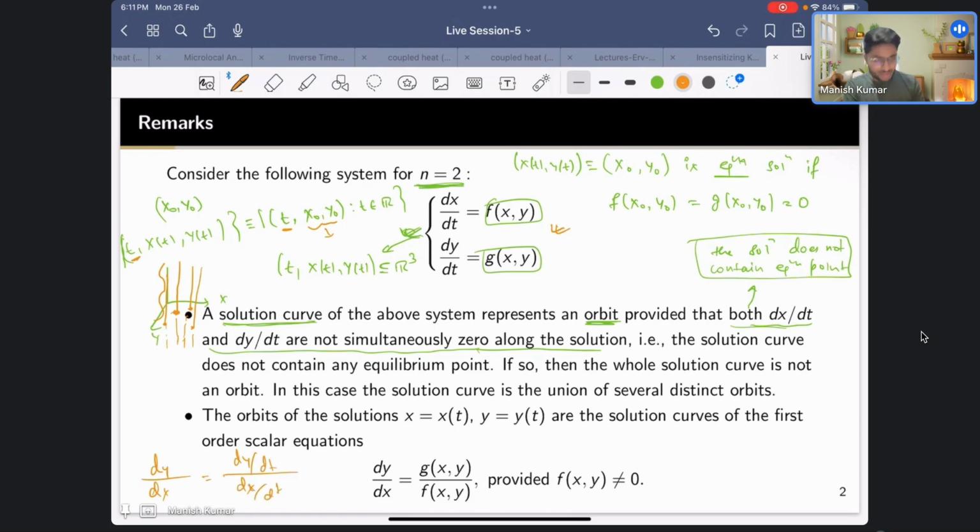To rewrite it properly, it would require invertibility of dx by dt. It's not that straightforward. But since we are ignoring all the equilibrium points and assuming the solution is very smooth, we can divide dy by dt by dx by dt, and when you divide this, you get f of (x, y) and g of (x, y).